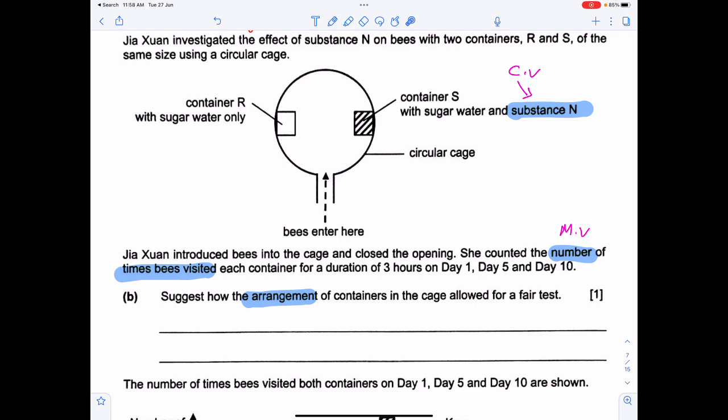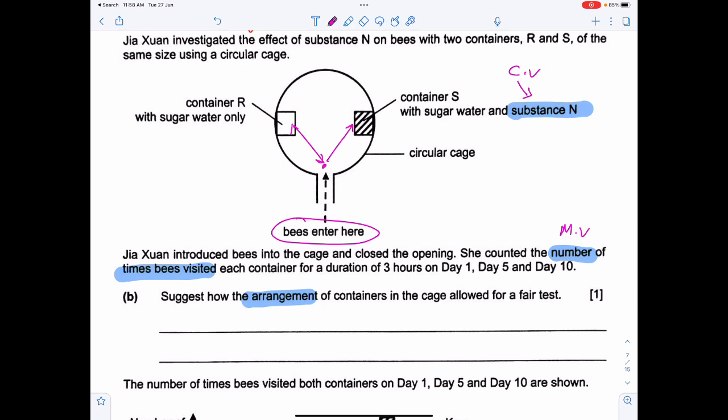Alright? So you should realize that, remember I always tell you this, look at key information given in diagrams. They are not there for any other reasons. They're there to hint you. So if the bees enter here, you would realize that the distance is the same.